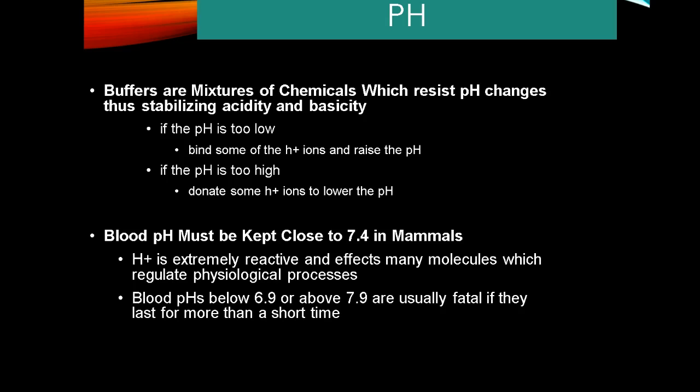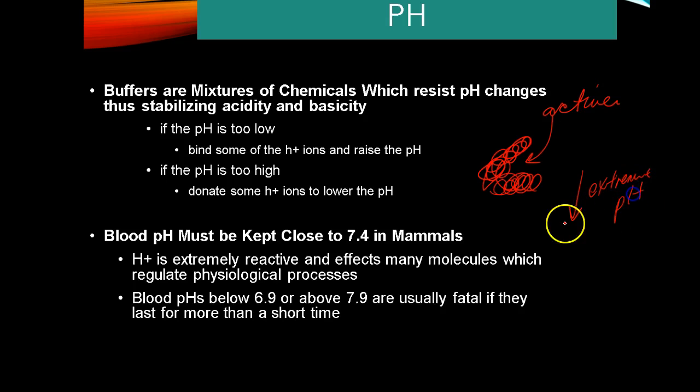Let's see, can I draw my little cartoon drawing? If we had an enzyme that had an active site and we exposed it to extreme pH, for example, then we may end up unfolding that enzyme back into its linear sequence: the first amino acid, peptide bond, next amino acid, peptide bond, and so on.